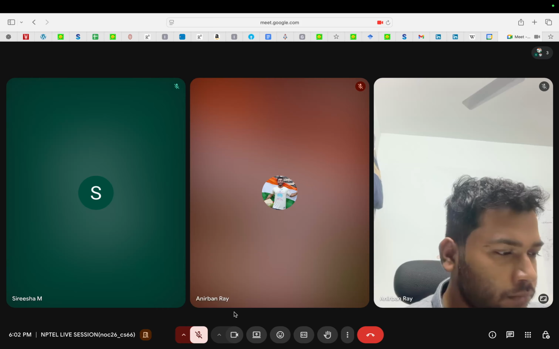Okay, so more questions now. Given the number of neurons in the layer and bias is used in all layers, the number of learnable parameters.